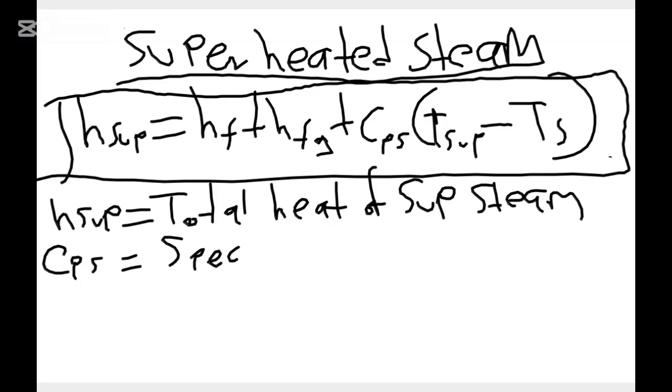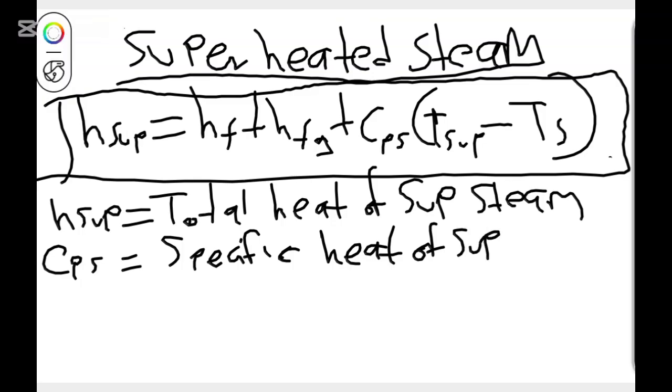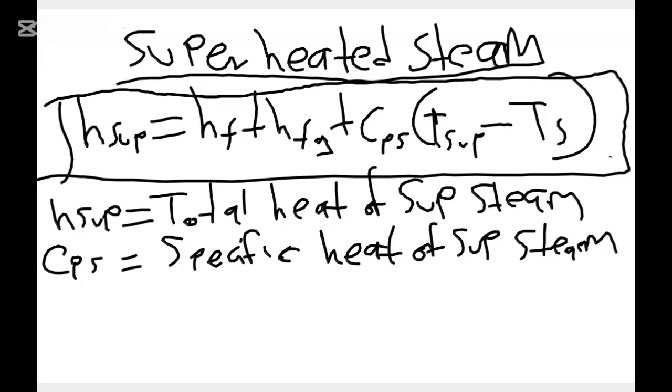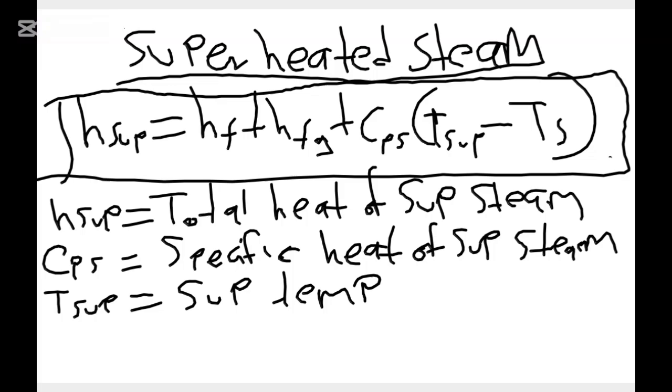The T superheated is the superheated temperature.